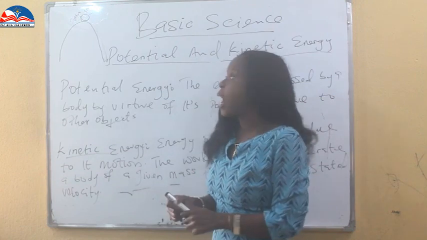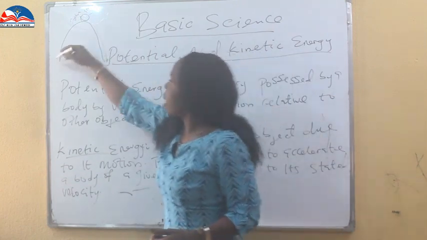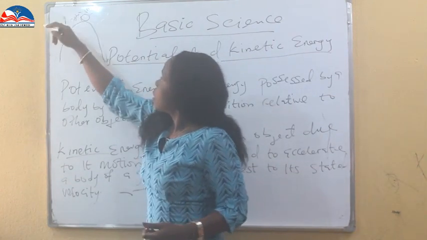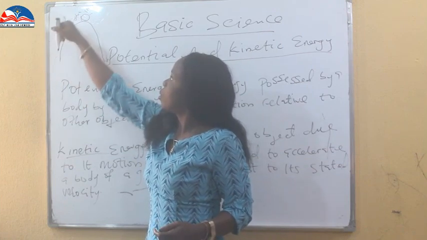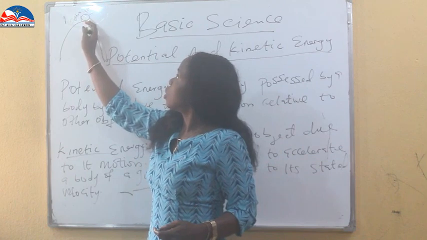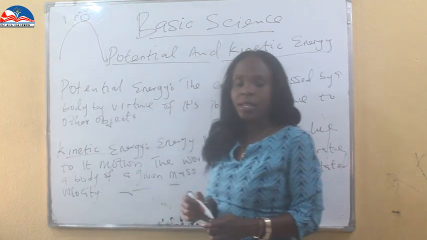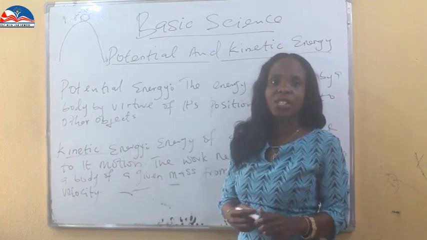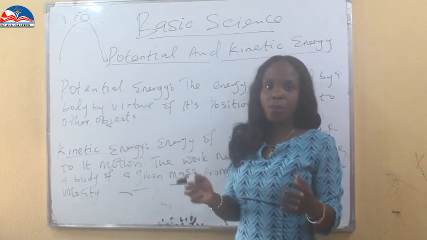So the height of the hill and the position of the object determine the potential energy that the object possesses.